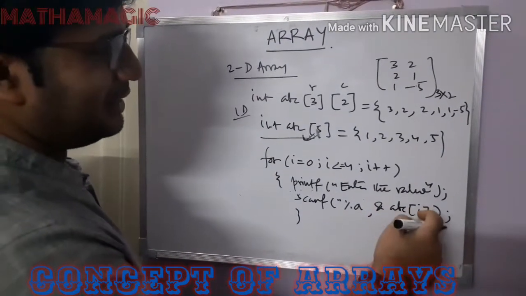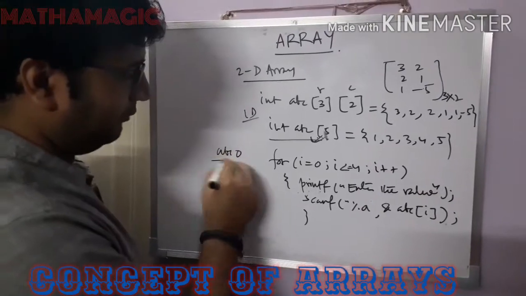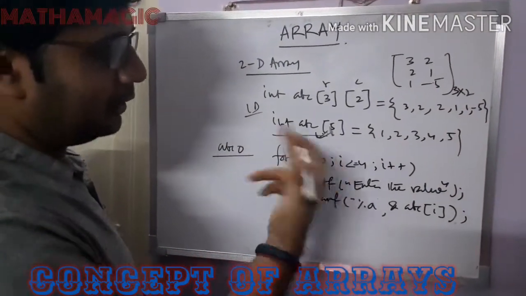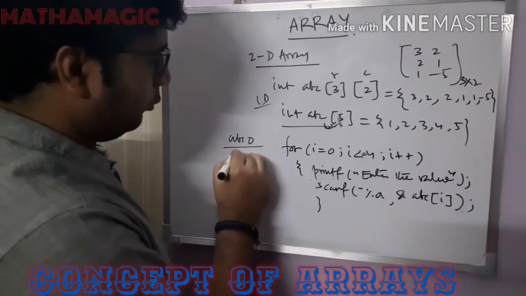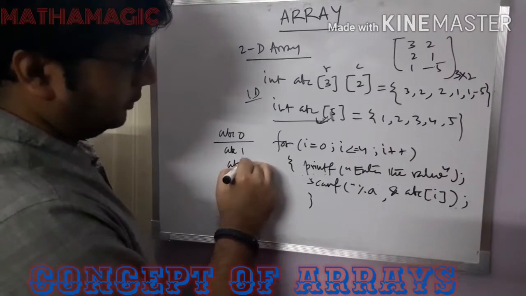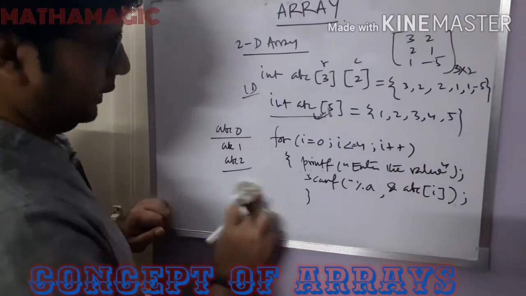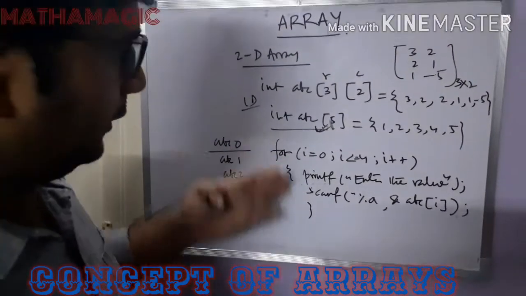ABC[i]. What is the value of i? That is ABC[0]. We have already said that the first value will be stored at ABC[0]. Then i will get incremented, the value of i will become 1, so the next value will be stored in ABC[1]. Next will be ABC[2]. This is how it will continue. Please note this down so that it will be helpful for you to understand.